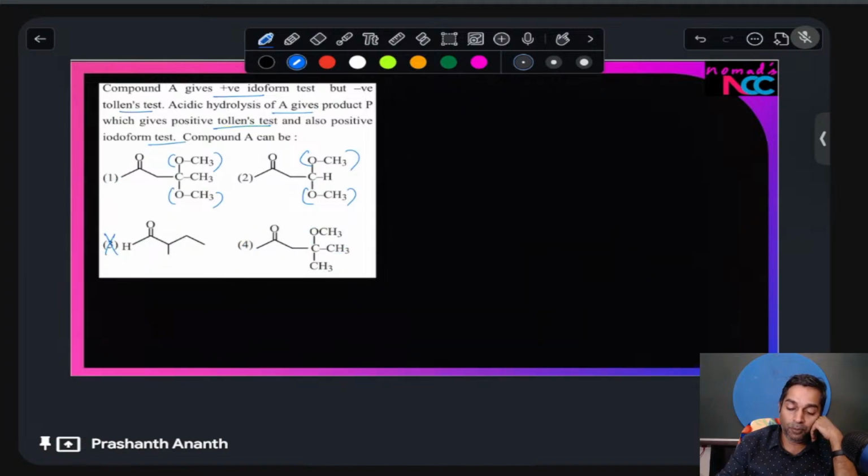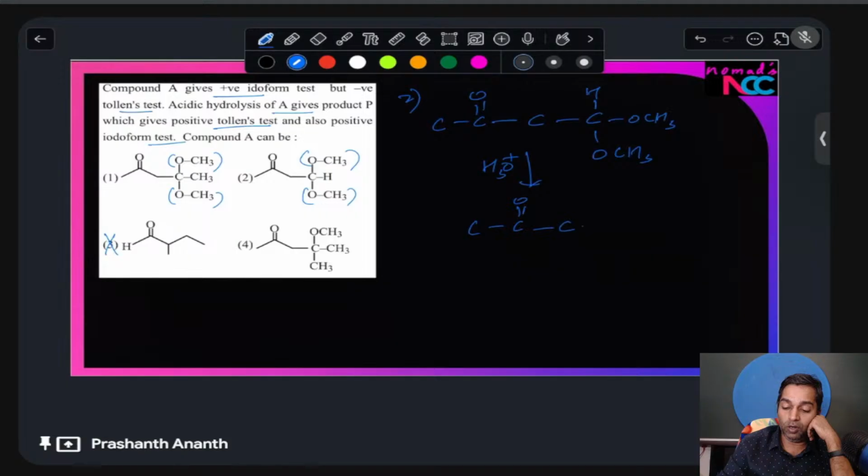So let's look at compound 2 now. Compound 2 is this one, where we have a hydrogen over here and then an OCH3 and an OCH3. So this on hydrolysis will give me C, C double bond O, single bond C, H and then a double bond O. Now pay attention here, this is going to be an aldehyde.